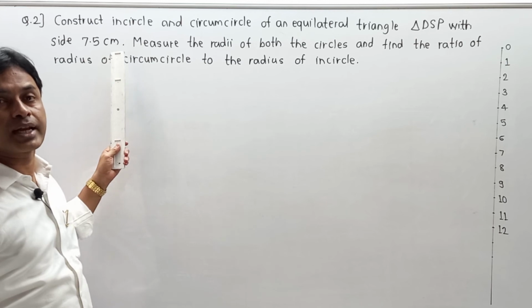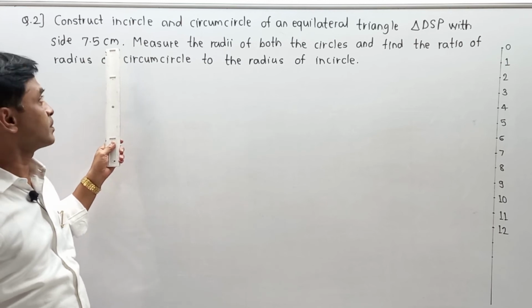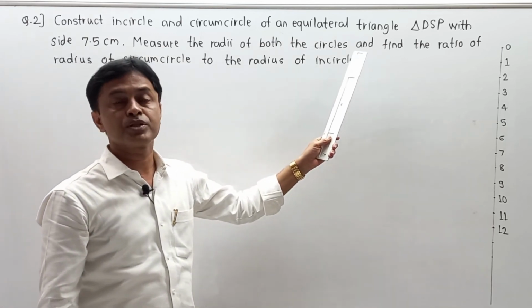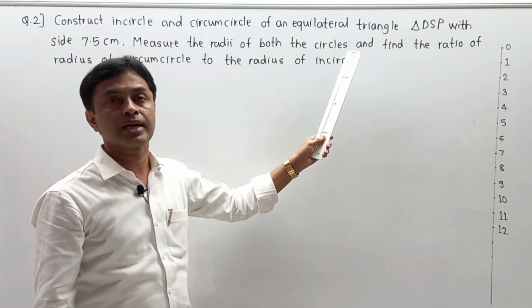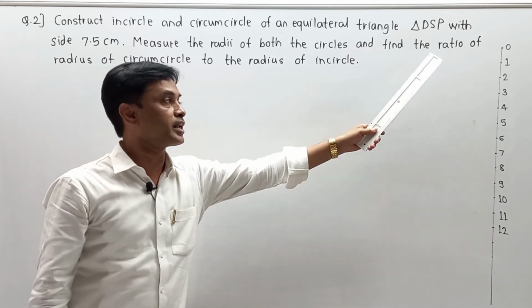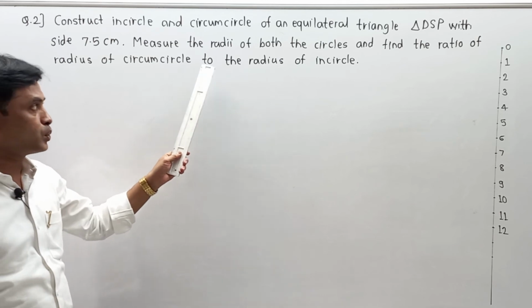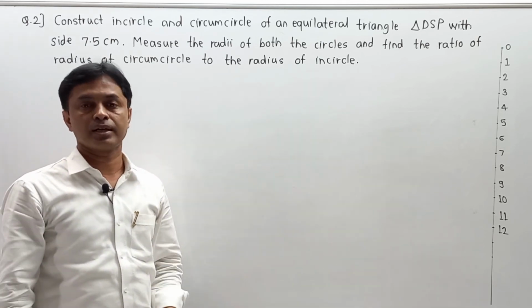That means an equilateral triangle having all sides of equal length, that is 7.5 centimeter. Measure the radii of both circles. We have to measure the radius of the incircle as well as the circumcircle, and find the ratio of the radius of the circumcircle to the radius of the incircle.